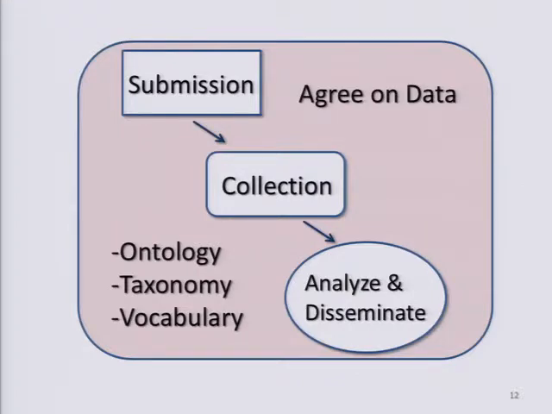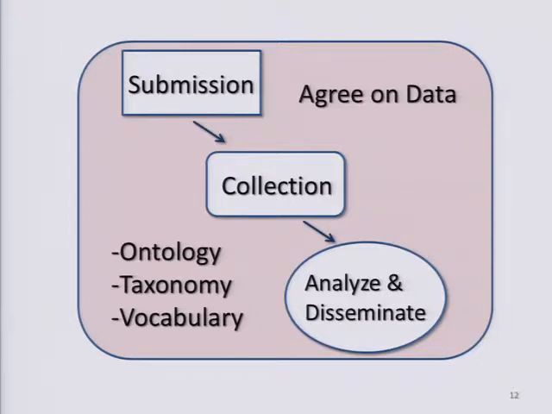This is a slide that is one of the stalwart slides that we use in our talks. You can find ways to submit information and data, then collect them into some sort of location, and then analyze those data and disseminate the data. However, it doesn't make any difference what you're trying to do if you do not do some things first.